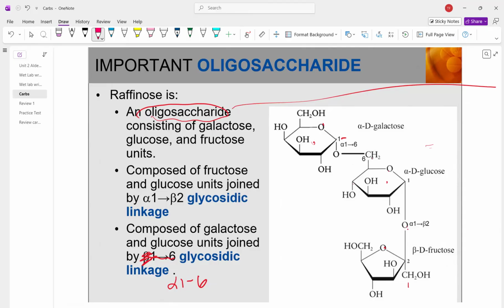And that linkage is an alpha 1,6. Okay, and we still have the linkages in the sucrose down here as the alpha 1 beta 2 linkage.